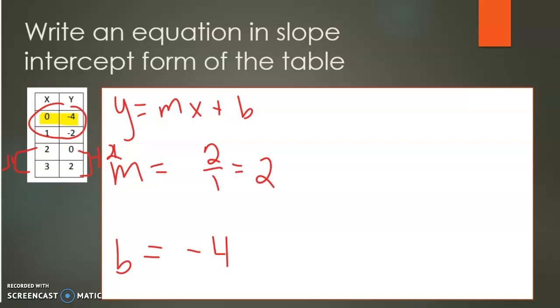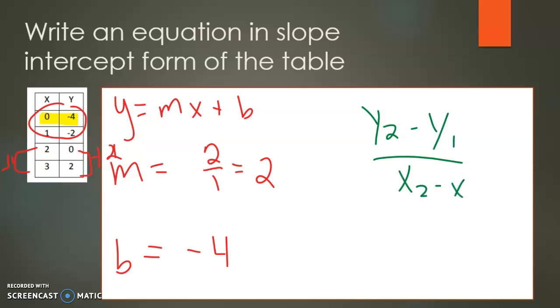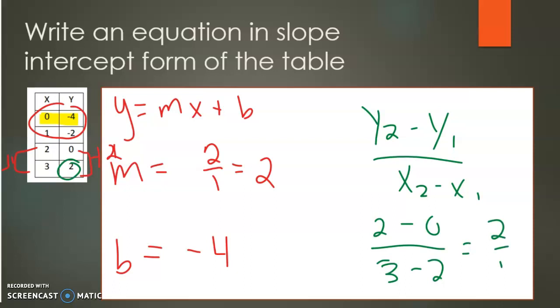If you did it by the slope equation where you did y2 minus y1 over x2 minus x1, and I did 2 minus 0, this is my y2, over 3 minus 2, I would still get 2 over 1, and that would be my slope still. So my final answer for the equation is y equals 2x minus 4.